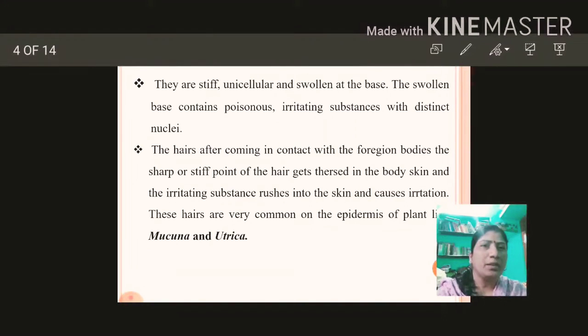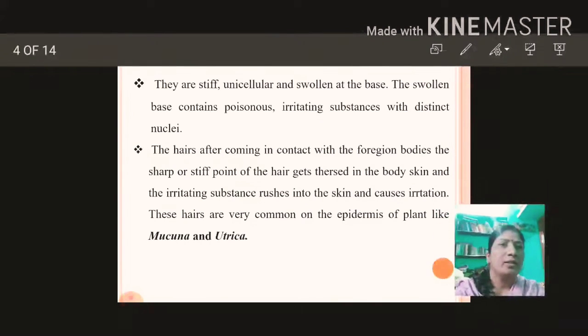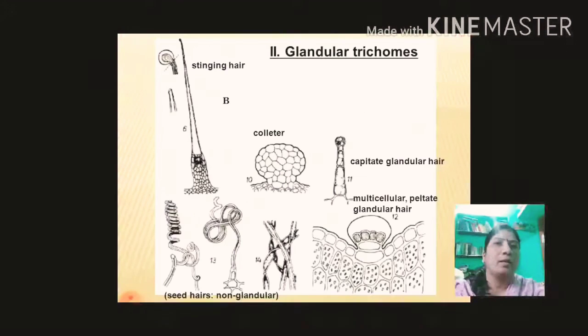The picture shows a round collar, a hair-like small structure. The sharp tip pierces the body skin, and the irritating substance rushes into the skin, causing irritation. These hairs are very common on the epidermis of plants like Mucuna and Urtica. These are examples showing stinging hairs.